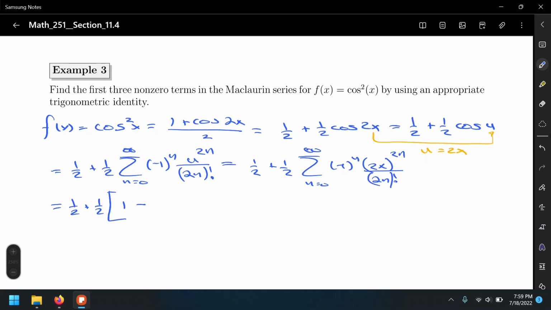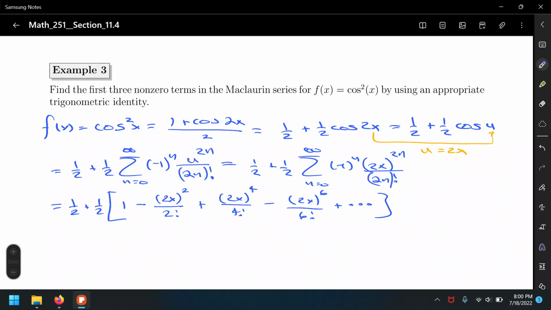And then 2x, let me write this as (2x)^(2n), which is 2 times 1, that is 2x squared over 2 factorial, and then plus (2x)^4 over 4 factorial, and then following this pattern minus (2x)^6 over 6 factorial, plus just continue the pattern. Okay, well, that'll be this one right here.